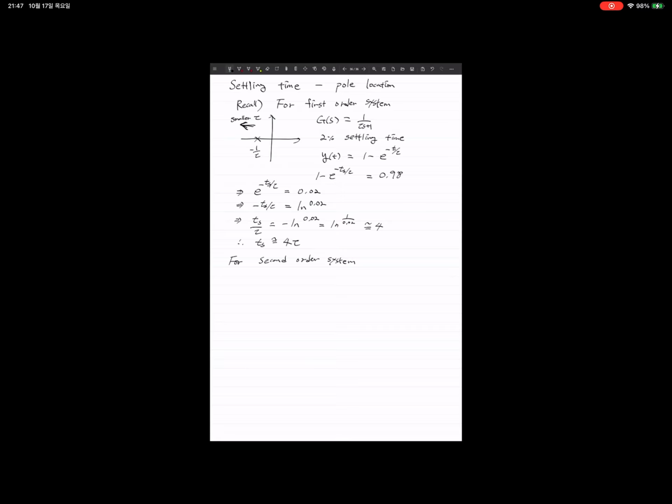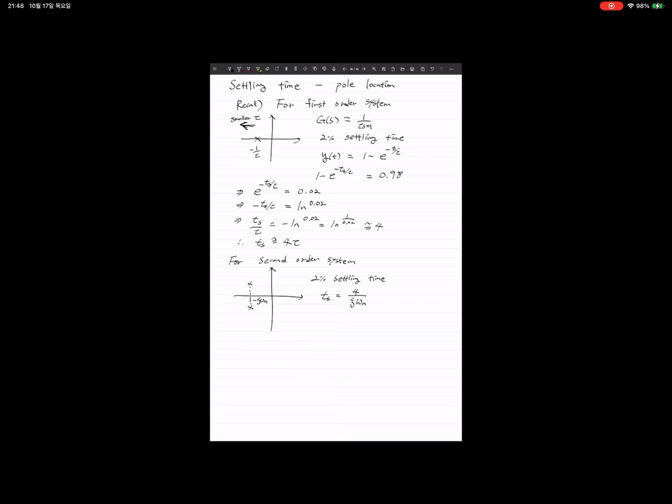You can do the similar procedure to find the 2% settling time of the second order system. If I denote the pole location on the S-plane, then we know that the real part of the pole location is minus zeta omega n, and 2% settling time will be intuitively 4 over zeta omega n.